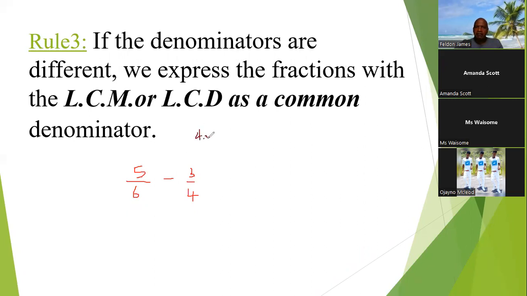If you're finding multiples of 4, you're actually counting by 4. So we have 4, 8, 12, 16, 20, 24.